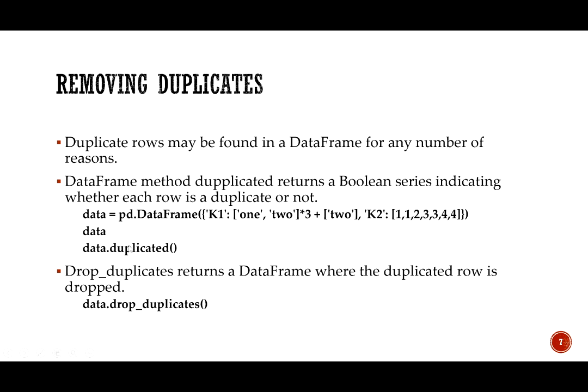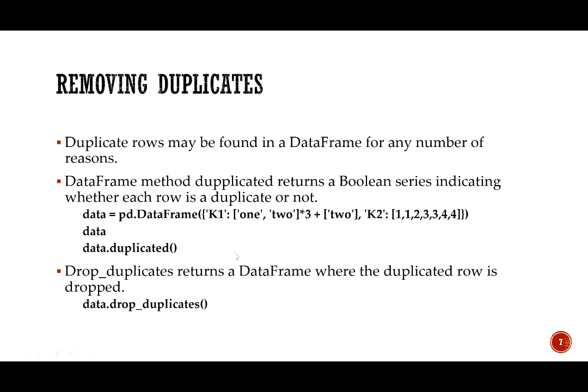And then the second column, we are assigning some numbers. Then we print the data frame, and then we apply the duplicated method. For each row, we see the Boolean statement. If it is a duplicate row, then we see True or False. So you will run this, and you will see the result.